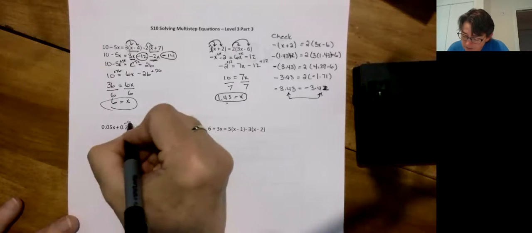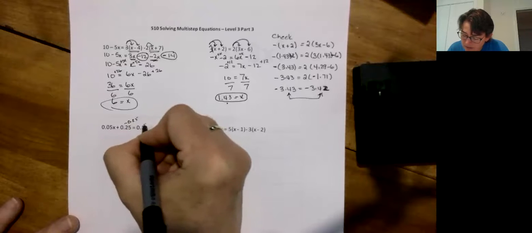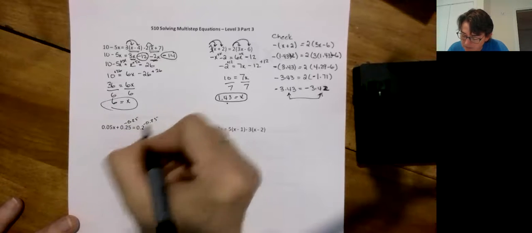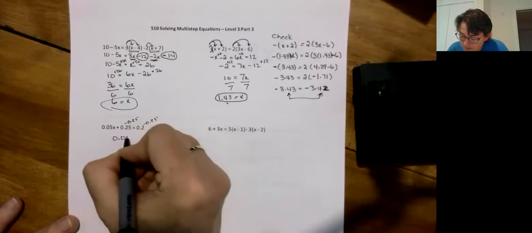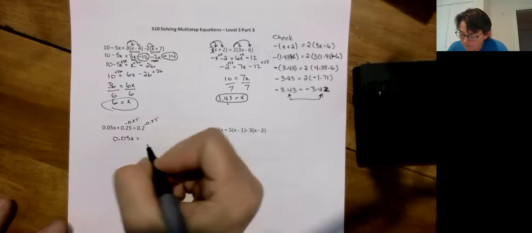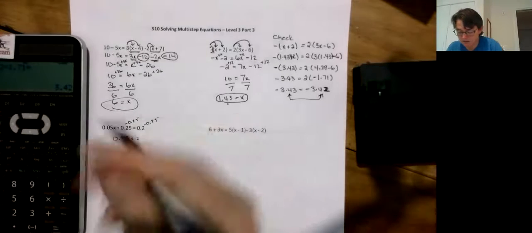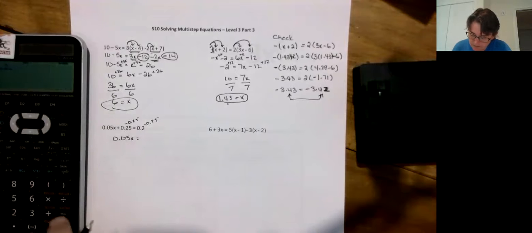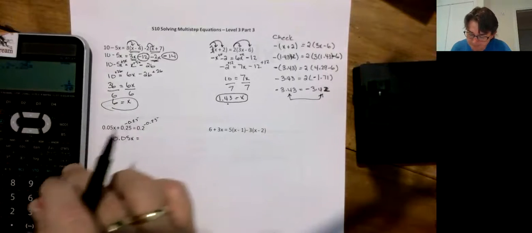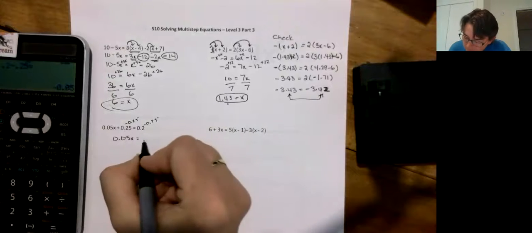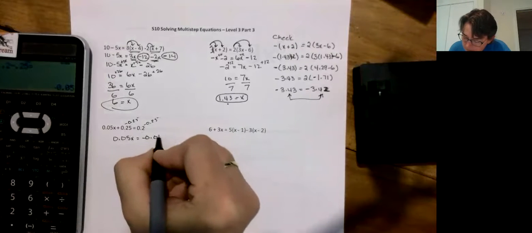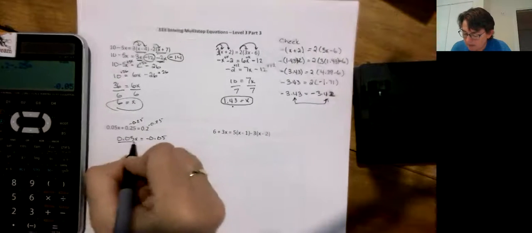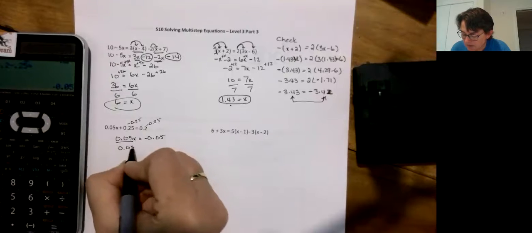So negative 0.25, negative 0.25. So 0.05x is equal to 0.2 minus 0.25, negative 0.05. All right, divide by 0.05.